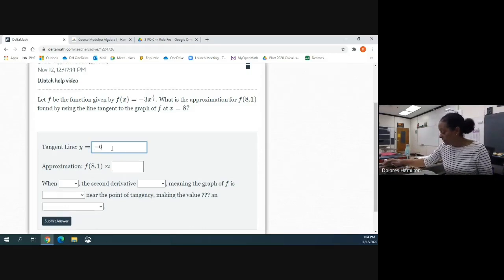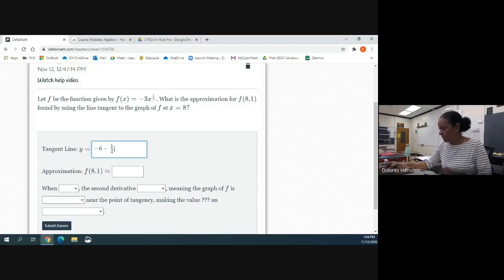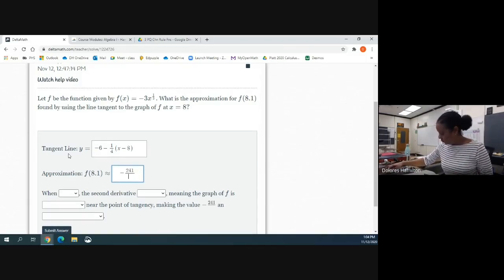So that was -6 minus 1/4 times x minus 8. That's right. Our approximation was -241/40, I think. 41/40.